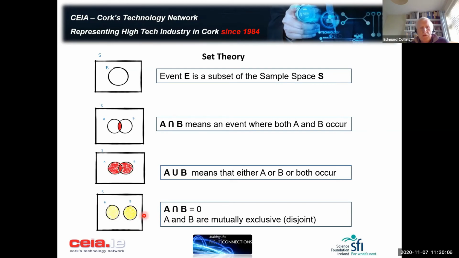There is a reference, again, at the end of the slide pack to some videos around set theory. If you're a little unsure, it might be worthwhile looking at those, building up the confidence in set theory. It is relatively straightforward when you see it there, but those videos may help you with understanding.